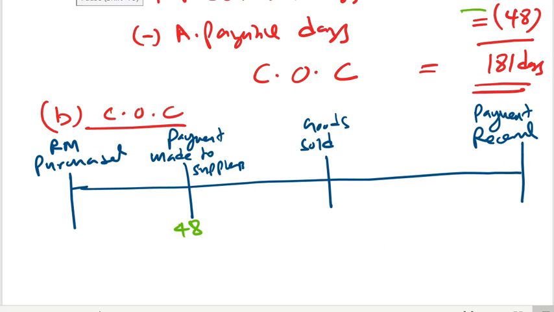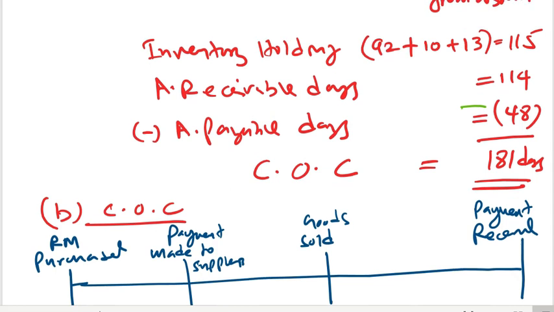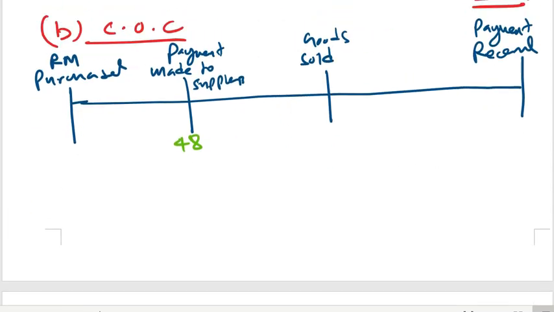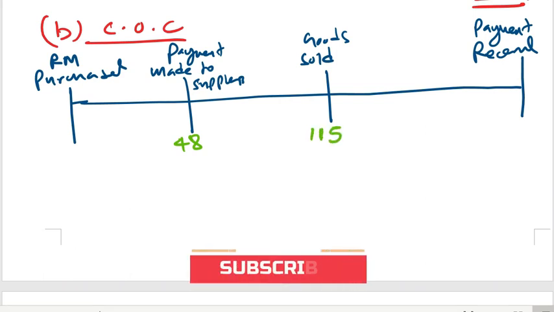Then the stocks are sold after how many days? So your inventory holding period is 115 days. So therefore, stocks are sold after 115 days. So until such time stocks are held.